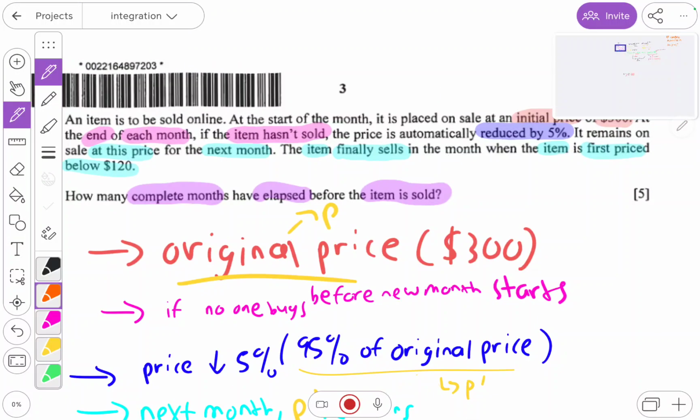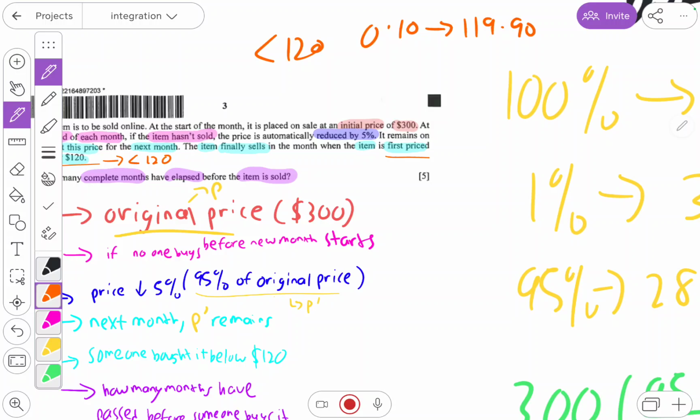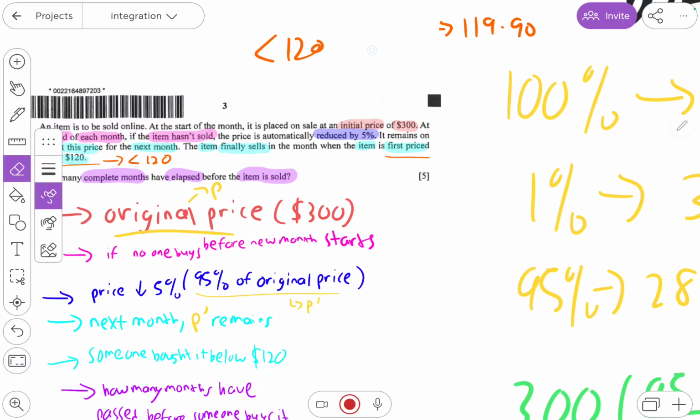Okay, this is a very, very important concept because below $120 means it is less than 120. Do you remember your inequality? Go back to the basics. Less than 120 means it can be from $1 or it can even be from 10 cents to 119.90. Okay, or it can even be from 1 cent.